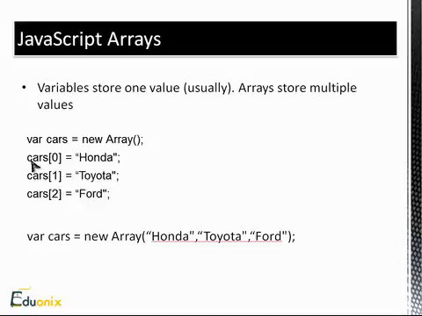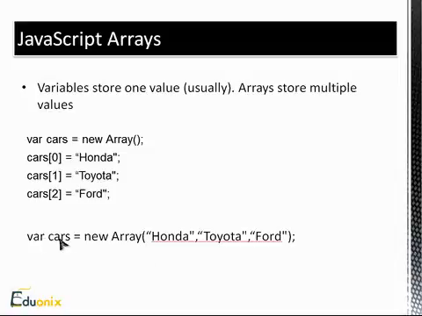There's nothing in it, but it is in fact an array. Now below we can actually add values to each, I guess, pocket you could call it, in the array. So we can say cars[0] equals Honda. Arrays always start with 0. It's a very important thing to remember. The second value is Toyota and the third is Ford. Now we can do the same exact thing in this format.